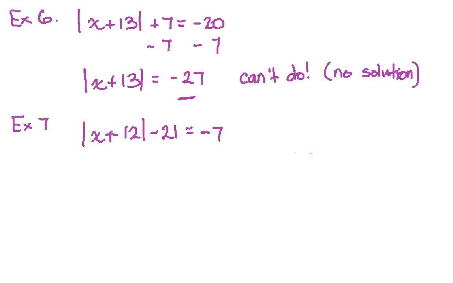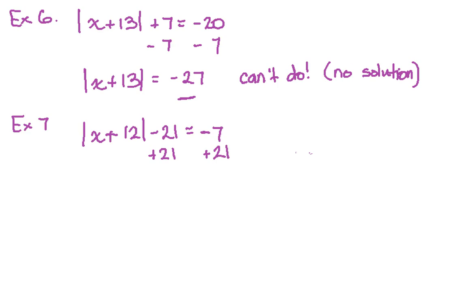All right, so here we have a circumstance where, again, I have a negative. So first reaction is, nope, can't do it. And the reality is that maybe we probably can, because we have some other numbers that we have to get rid of before we're dealing with just the absolute value alone. So I'm going to go ahead and add this 21 to both sides.